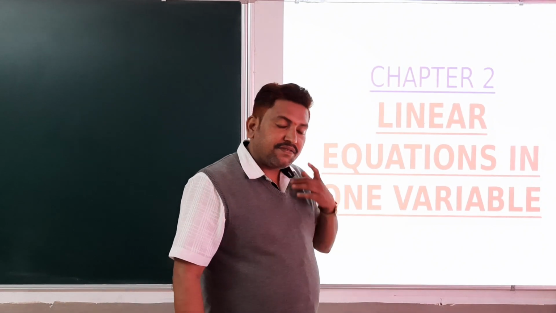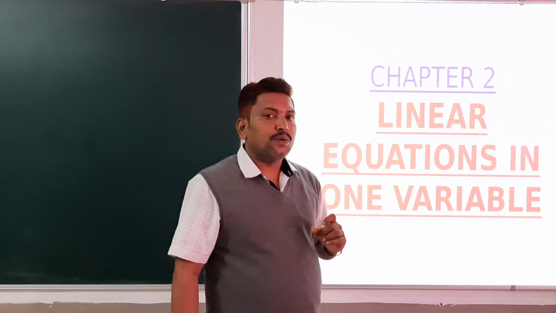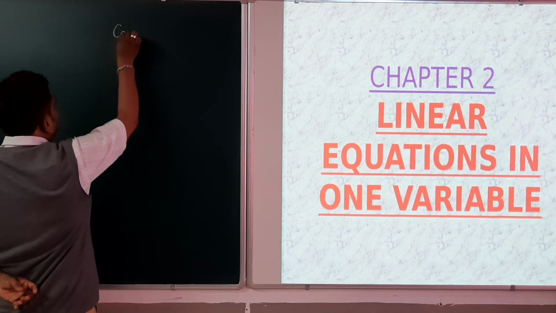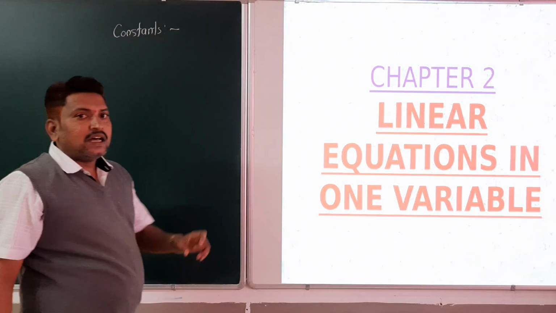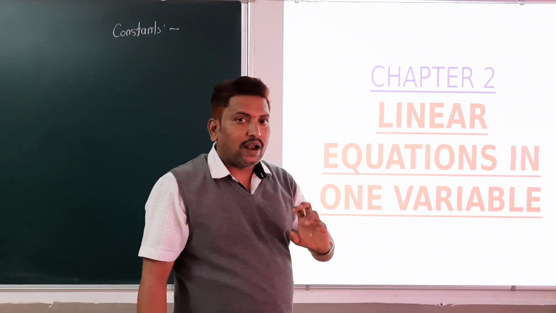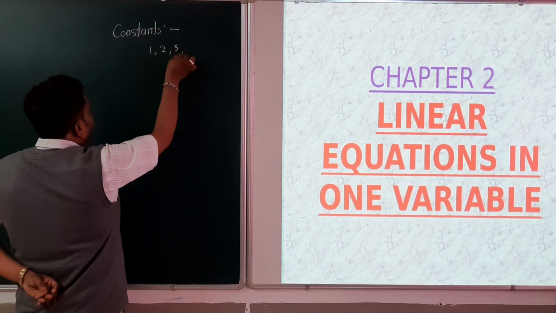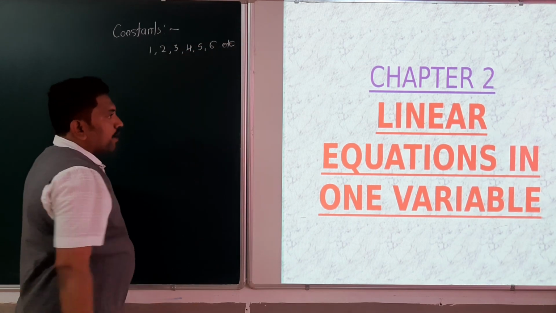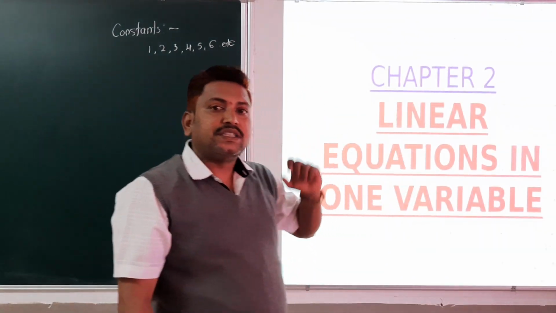By definition, a symbol which has a fixed value is called a constant. For example, 1, 2, 3, 4, 5, 6, etc. Such numerical facts are called constants.